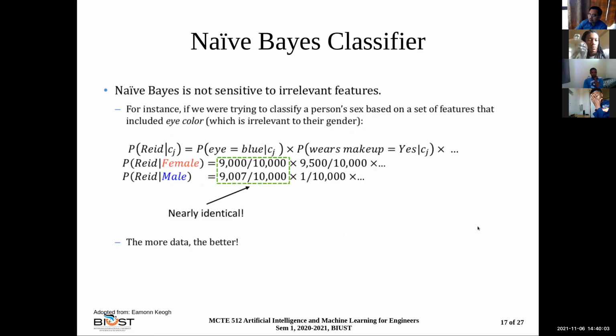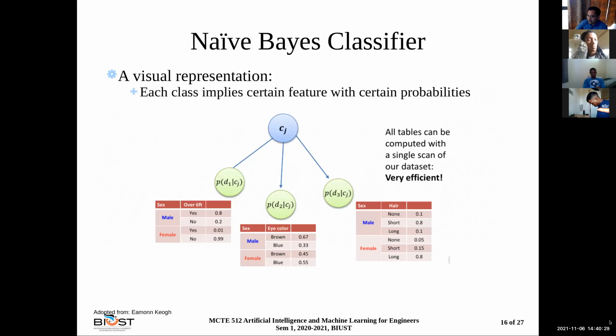So naive Bayes is not sensitive to irrelevant features. What are the irrelevant features here? For instance, if we are trying to classify a person's sex based on a set of features including the eye color, which is irrelevant to gender. In this case, the eye color can be irrelevant to gender, but here in the male, it is giving that brown is higher than blue.